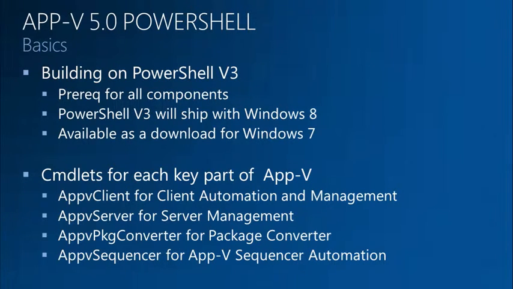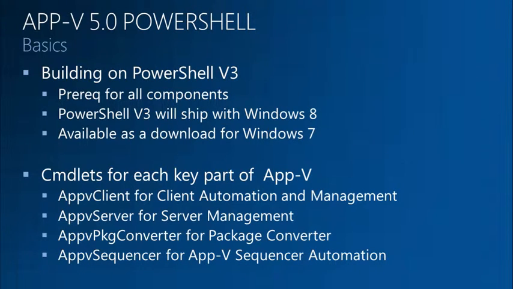Now looking at the commandlets that we have implemented for AppV, you can think of these in 4 different roles. Basically there are 4 key roles in the product, and we have PowerShell implementation across the 4 roles. The first one is the AppV client, and these are the names on the front of those bullet points. Those are the module names, and we'll circle back on that concept later on.